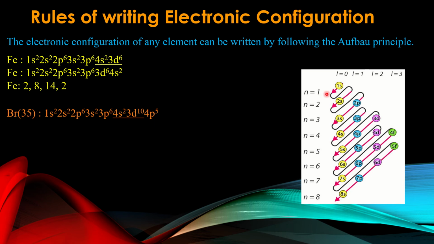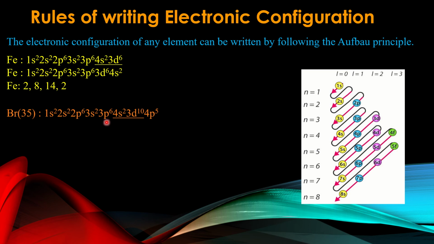So at first you will arrange the subshells: 1s, 2s, 2p, 3s, 3p, 4s, 3d, 4p, 5s. In this way you can write, and you will write the electrons on these subshells: 1s2, 2s2, 2p6, 3s2, 3p6, 4s2, 3d10, because the maximum electron holding capacity of the d subshell is 10.